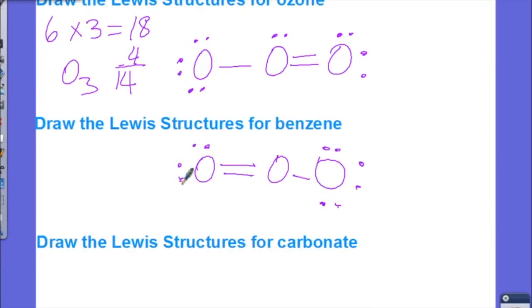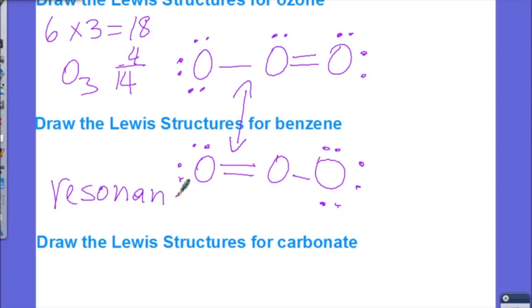When you have 2 different ways to draw the Lewis structure, you need to draw all of them, and you place 1 arrow with 2 heads between each Lewis structure. This is called resonance.